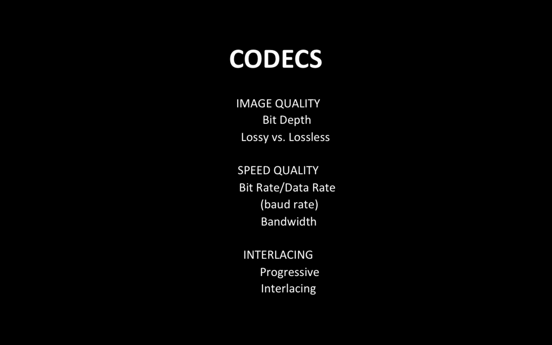So codecs are basically ways of crunching the digital numbers of your file down, and the types of things that they crunch are your image quality and the speed, how well it runs over time, and also some interlacing or some artifacting that you get from it.